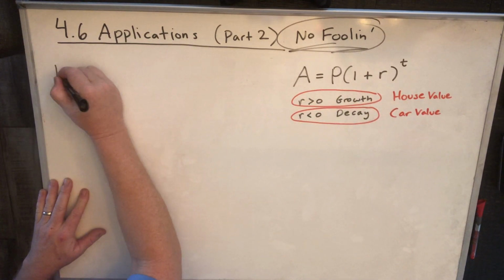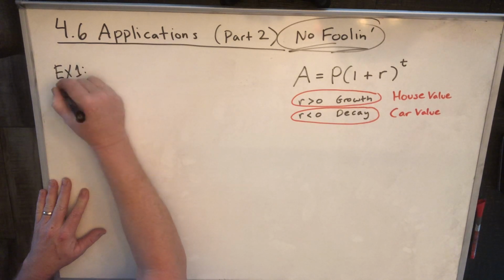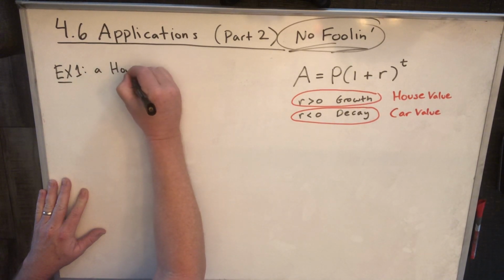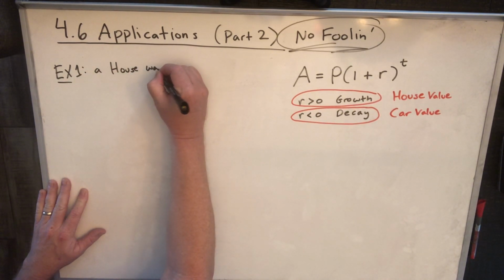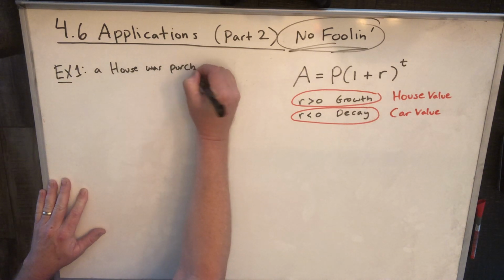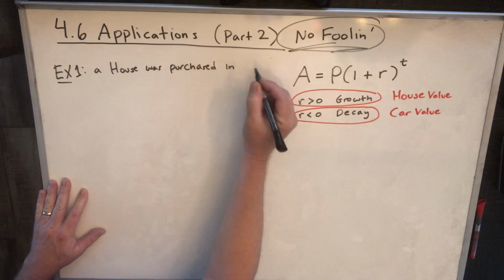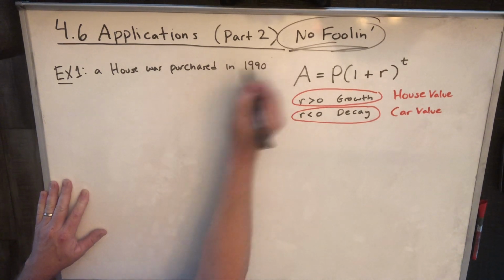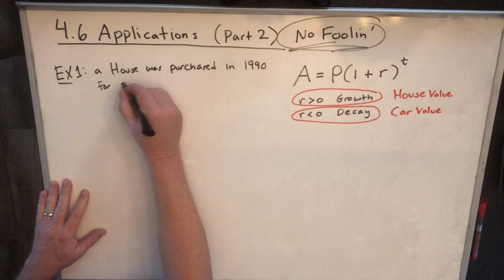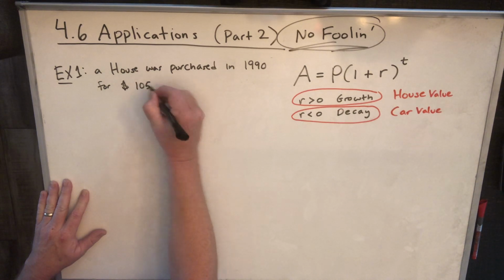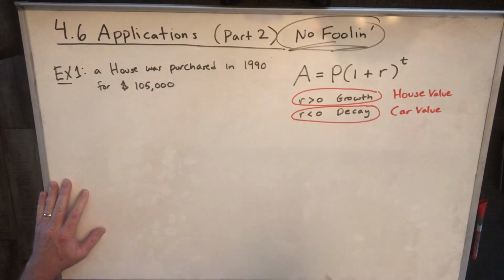So example 1. A house was purchased in the year 1990 for $105,000.